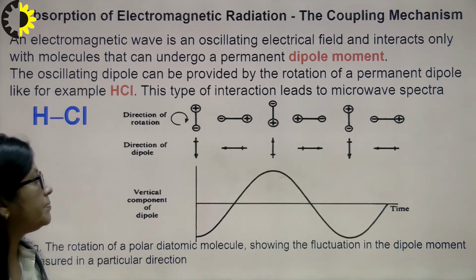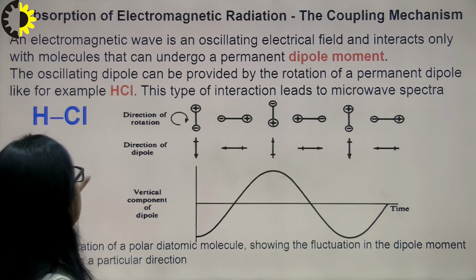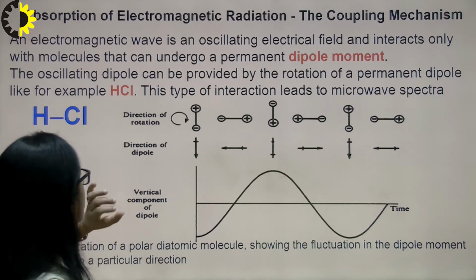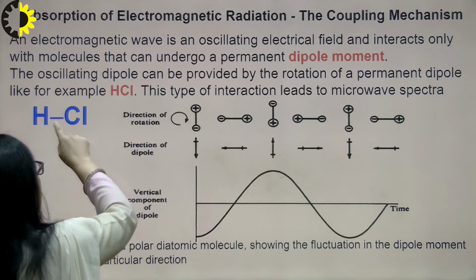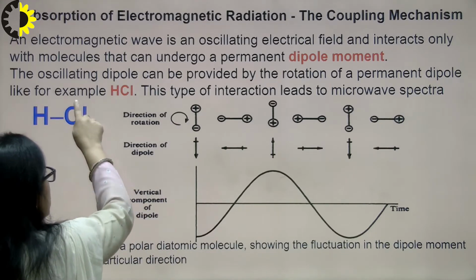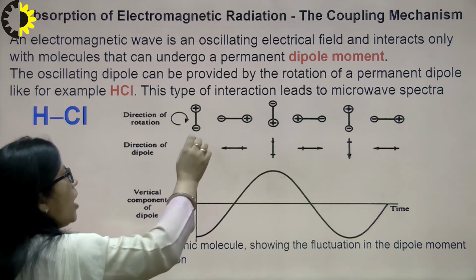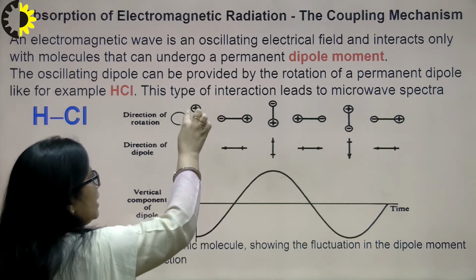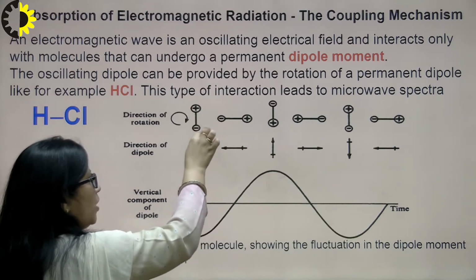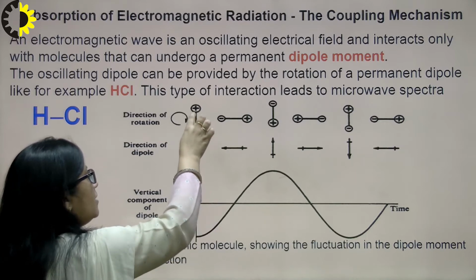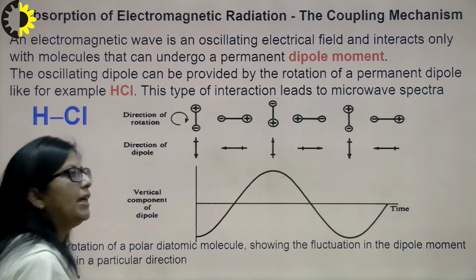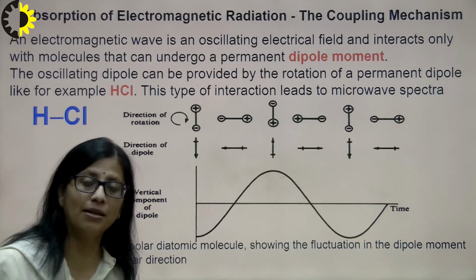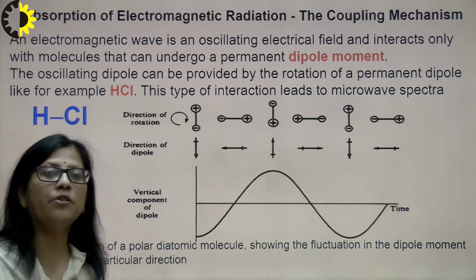What happens here? The oscillating electric field is produced by rotation. How? Here you can see H and Cl. H is delta positive, and Cl is delta negative. Now, I am showing here this is H and this is Cl. When H and Cl are in this position, the component of the dipole will obviously be in the direction of Cl minus, because Cl minus is going to attract the electron.